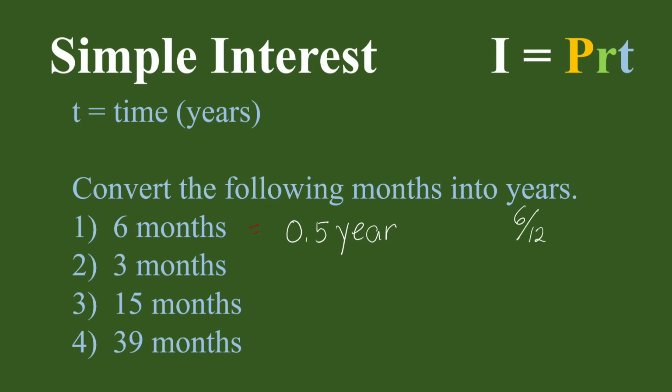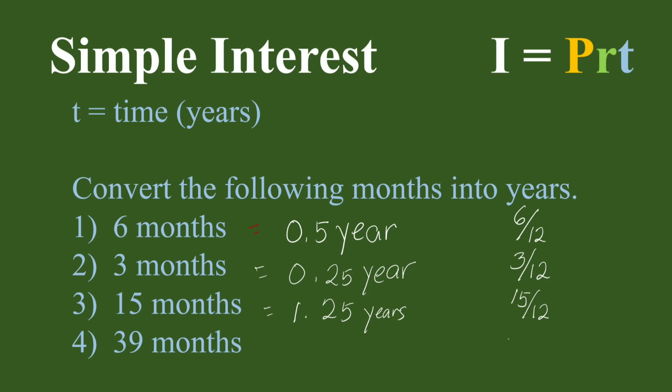How about 3 months? So, 3 months is just 3 over 12. So, that's 3 over 12, 0.25 in decimal. So, 0.25 of a year. 15 months. So, 15 months, 15 over 12. 15 months in years is, you can use your calculator, 1.25 years. Okay?